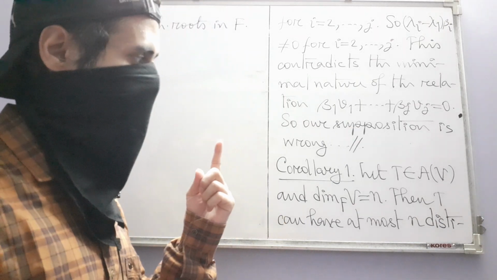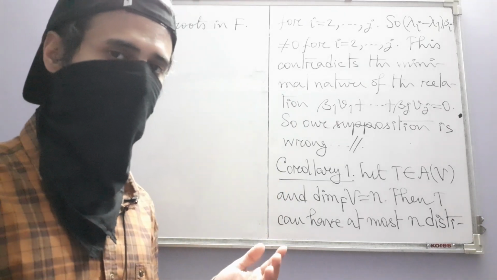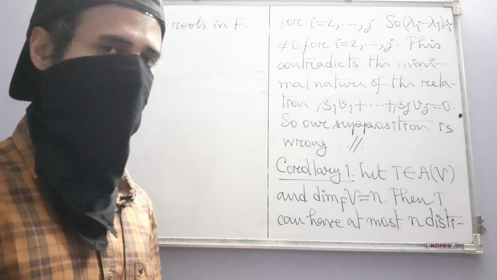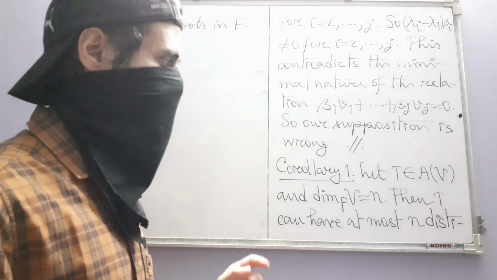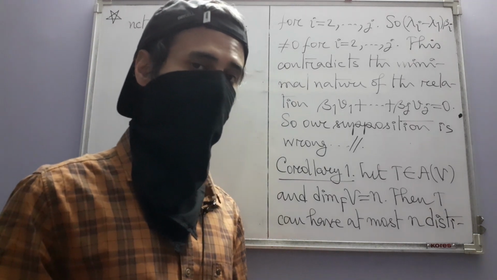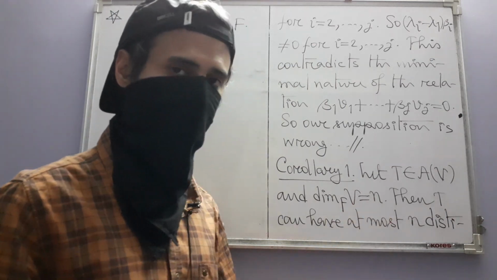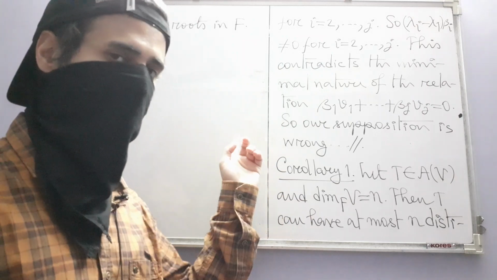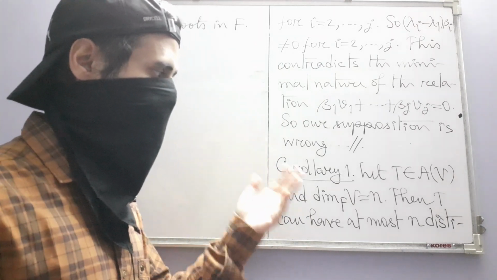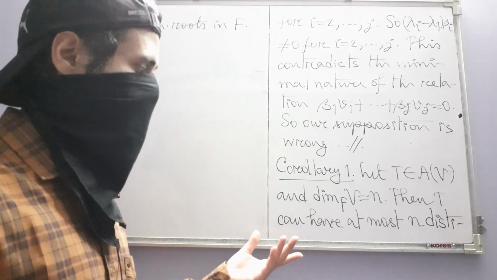Using that fact, we concluded back then that any linear operator has finitely many characteristic roots, because the minimal polynomial can have degree at most n square, where n is the dimension of the underlying vector space.